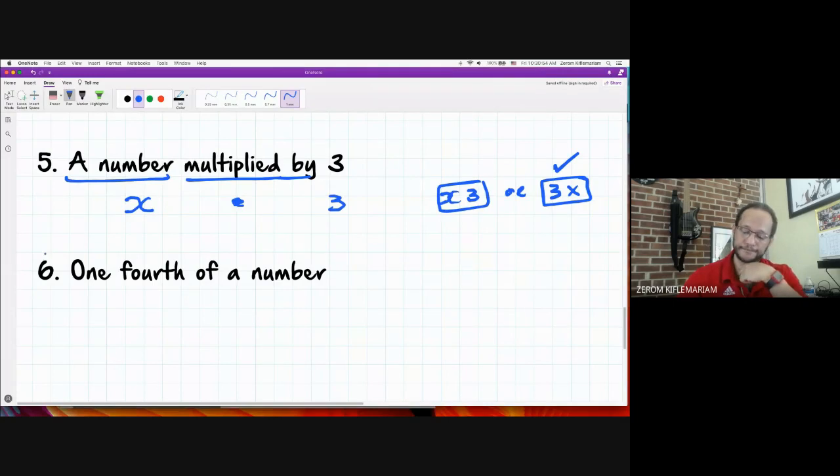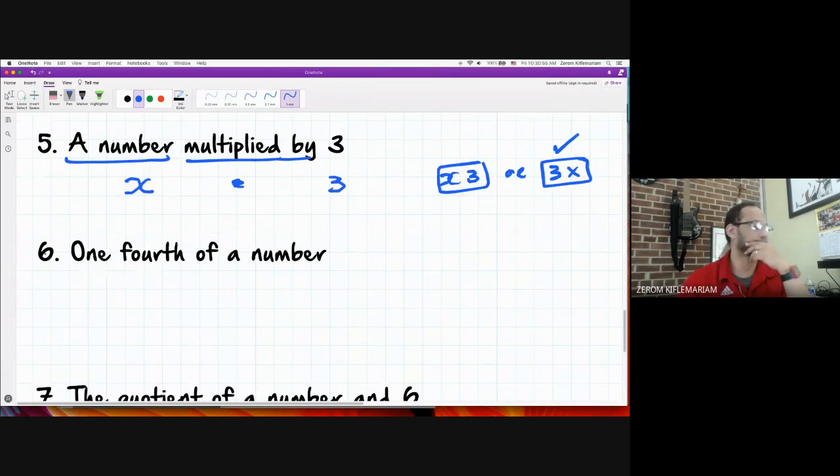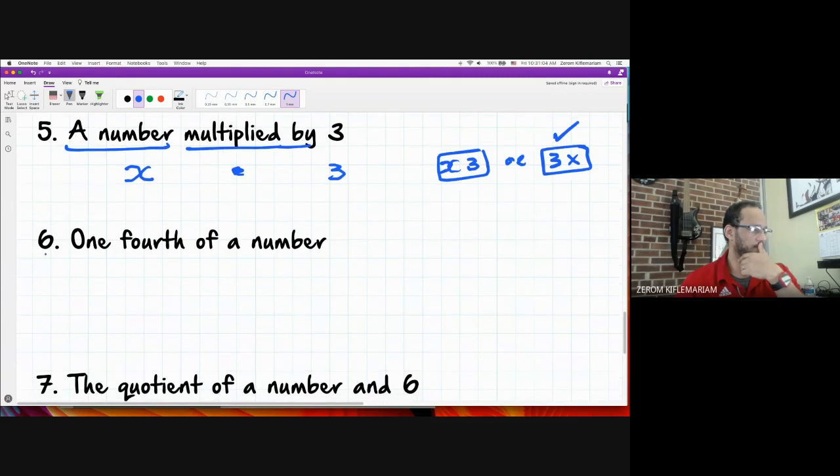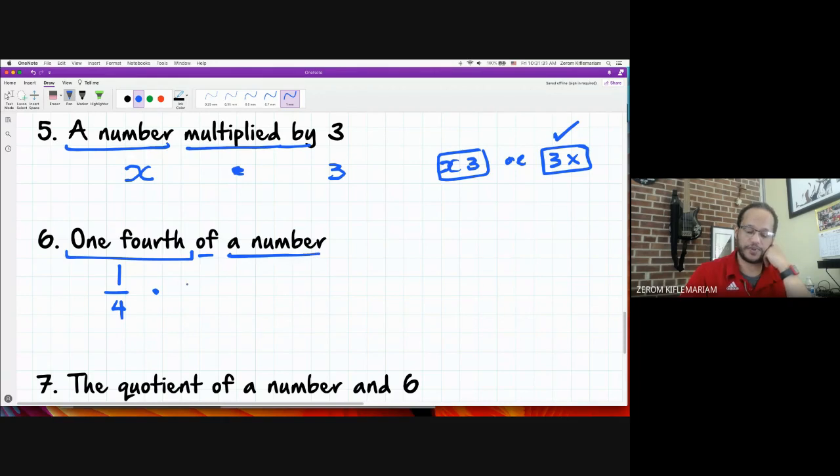Number 6. Somebody brave. Number 6. One-fourth x. 1/4 of is multiplication, and number would be x.